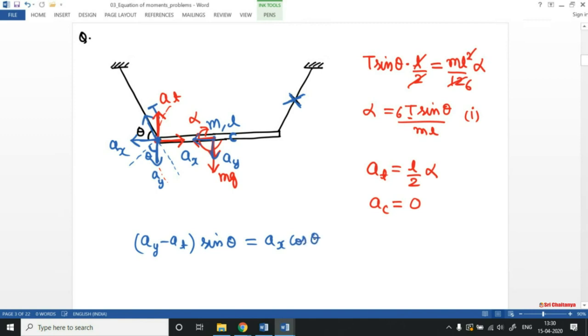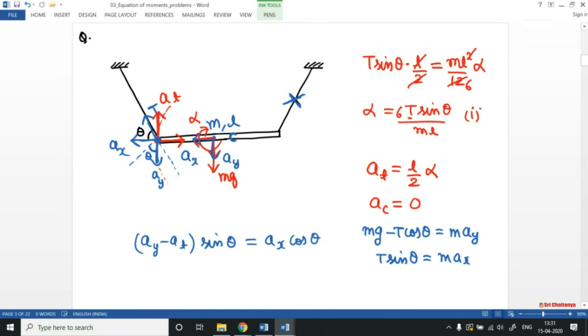And the equation of force we can write. On the center of mass, along the vertical direction, mg minus T cos theta will be equal to m times ay, and along the horizontal direction, T sine theta is equal to max.